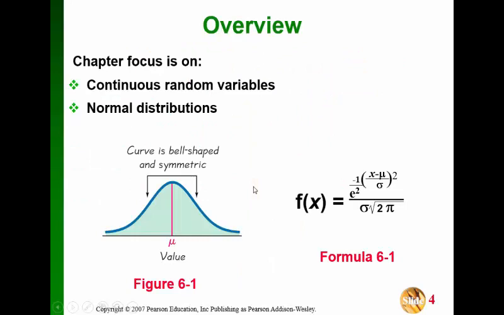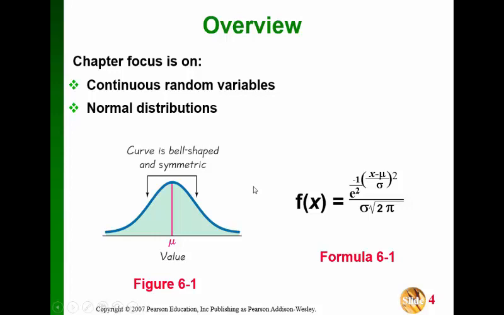Our main focus for this chapter is the normal distribution. Now, the normal distribution is an example of a continuous random variable or a continuous probability distribution. There is going to be one other continuous probability distribution that we will cover called the uniform distribution, and we'll just breeze through that kind of quickly.